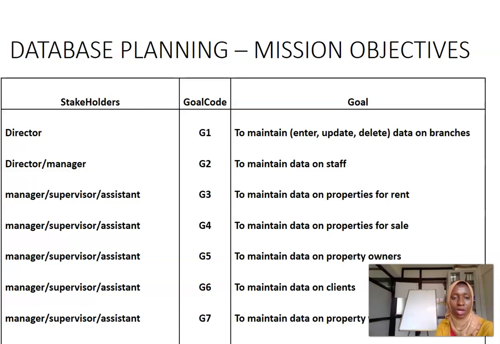For example, the director would say, we want a database to maintain data on the different branches. Then you have the director or manager, they want to maintain data on staff. So these are the different users of the database, and these are the objectives that they want the database to achieve.